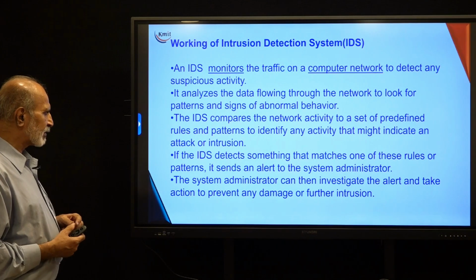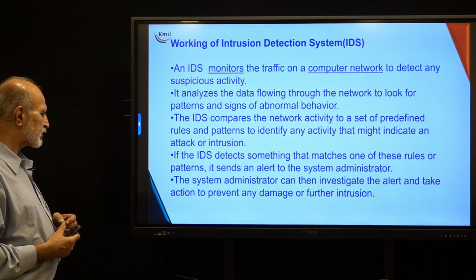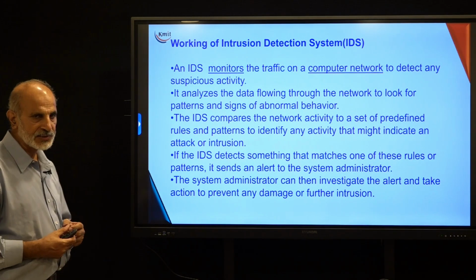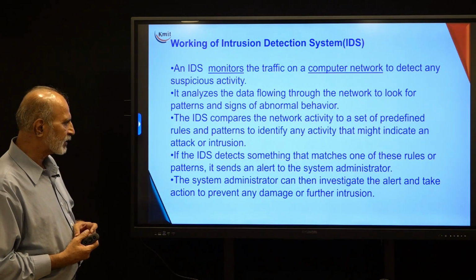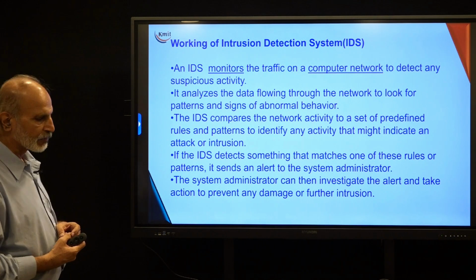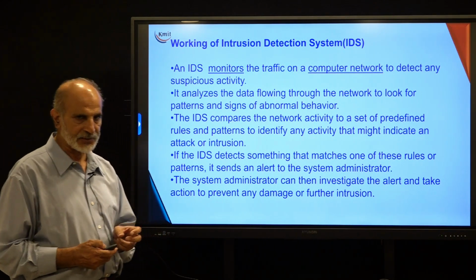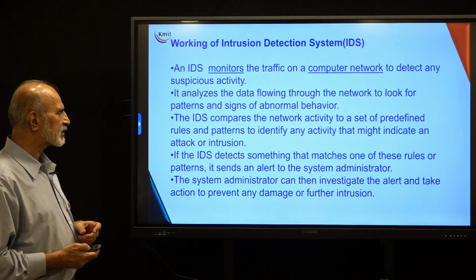If the IDS detects something that matches one of these rule patterns, then it sends an alert to the system administrator. And the system administrator then in turn investigates the alert and takes the appropriate action in order to combat it. So this is how an IDS system works.